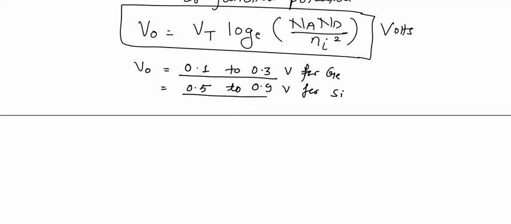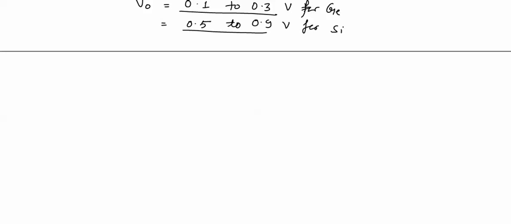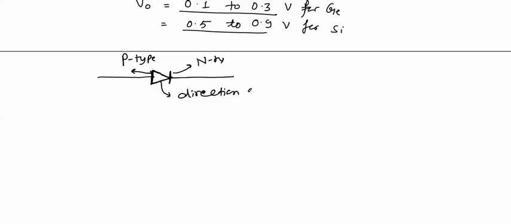Now, the symbol for PN junction diode we will use in our circuit. There will be two semiconductor layers. This layer will be called P-type semiconductor, and this layer will be N-type semiconductor. An arrow will be shown in this direction from P to N. This shows direction of current when it is forward biased.